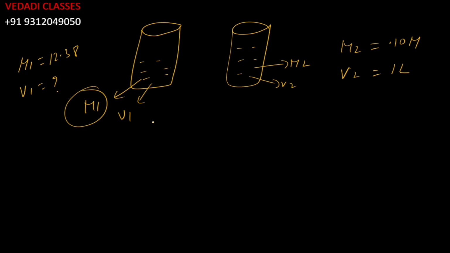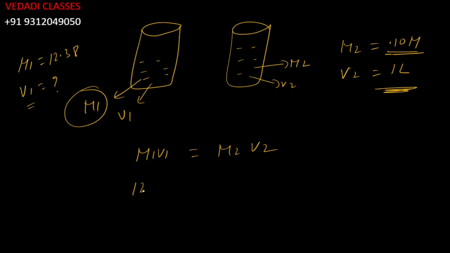You have to tell me what volume of HCl is required to make 1 liter of 0.1 M HCl solution. So you have to use the formula directly: M1 V1 is equal to M2 V2.